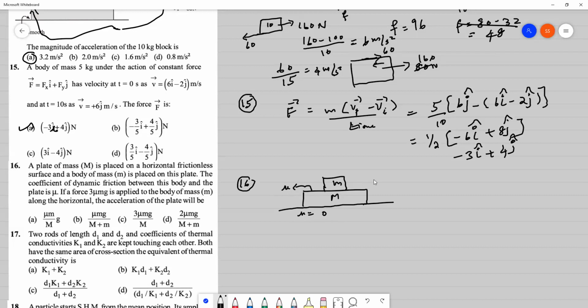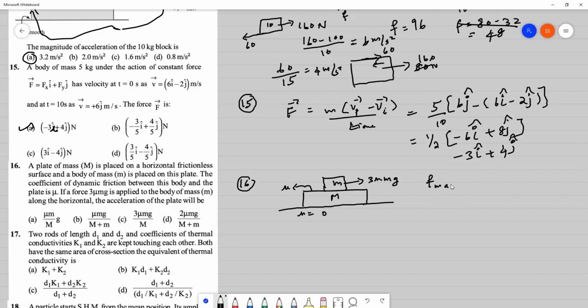A force of 3 mu mg is applied to the body of mass m. This is the applied force. Now this problem can be easily solved here. What is the maximum friction force between the two surfaces?